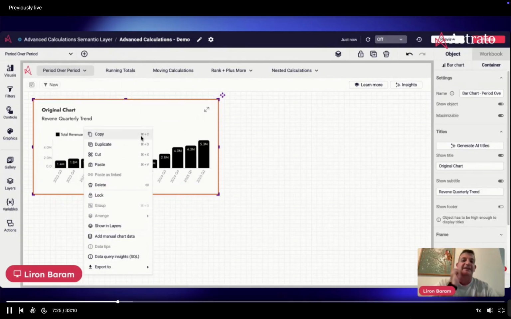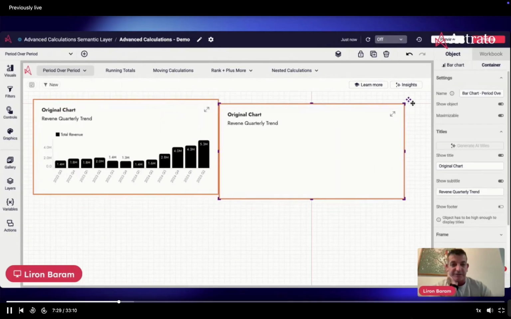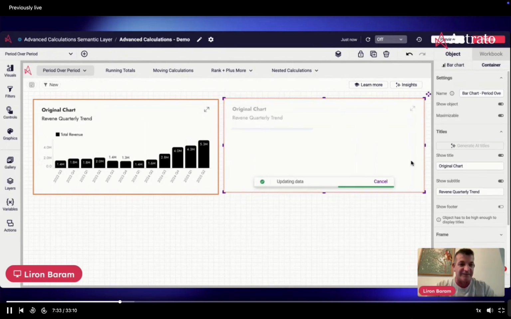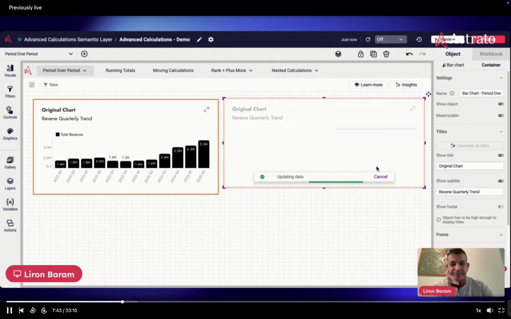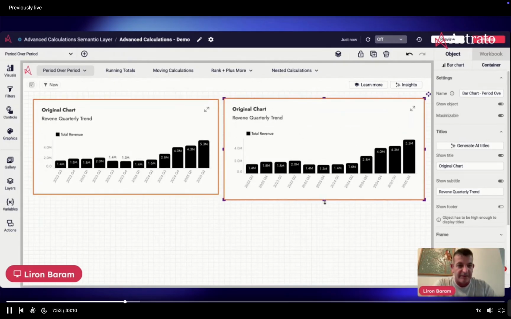So let's see how we can actually do it in Astrato in a few clicks, and it's going to be simpler than you might have anticipated. I just duplicated the chart so we will have a reference chart.